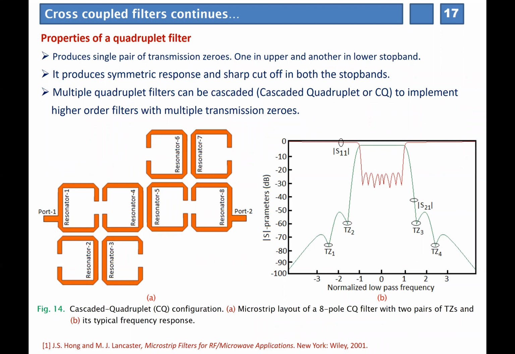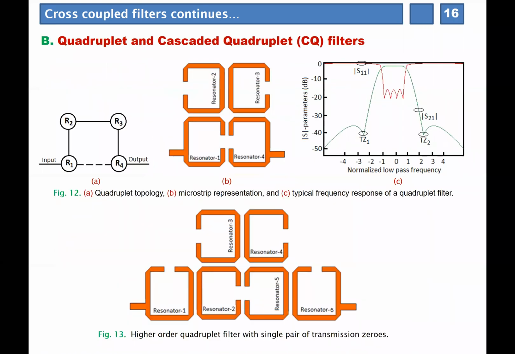But there is one disadvantage of higher pole filters. If you increase the number of resonators, you are increasing the loss. So there must be a suitable choice between the number of resonators and the required cutoff. Higher resonator count will lead to a sharper cutoff, but at the same time it will introduce higher losses.